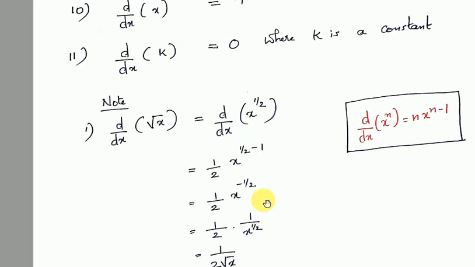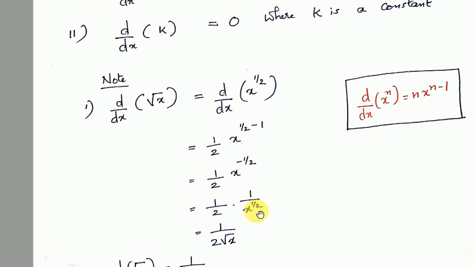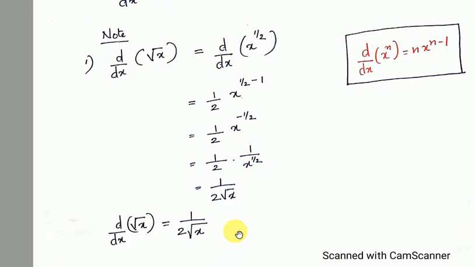By the laws of exponents, x raised to minus m equal to 1 by x raised to m. So x raised to minus half we can write as 1 by x raised to half. X raised to half means root x. So here 1 by 2 root x. So the derivative of root x becomes 1 by 2 root x.